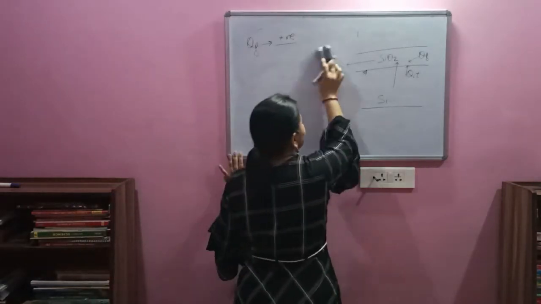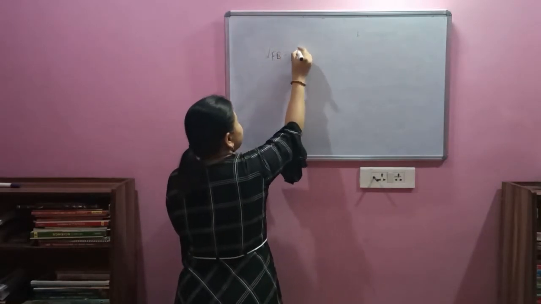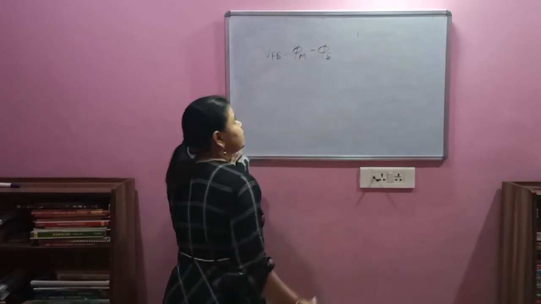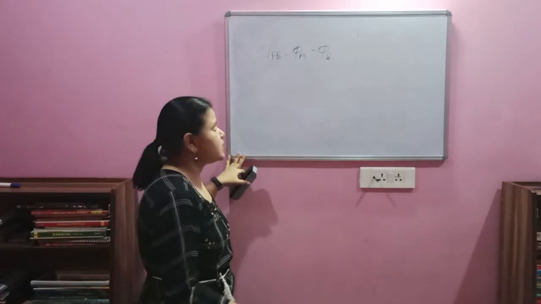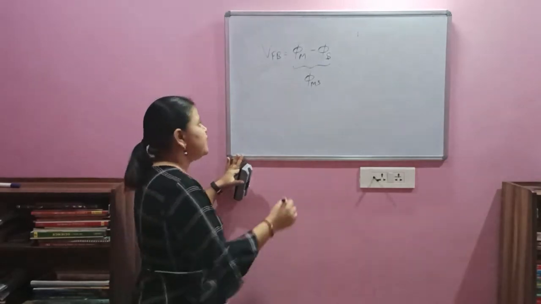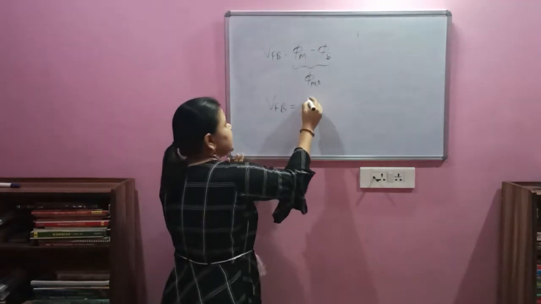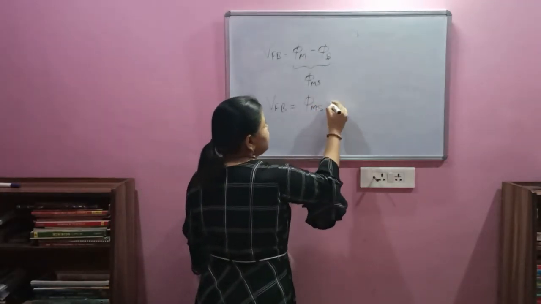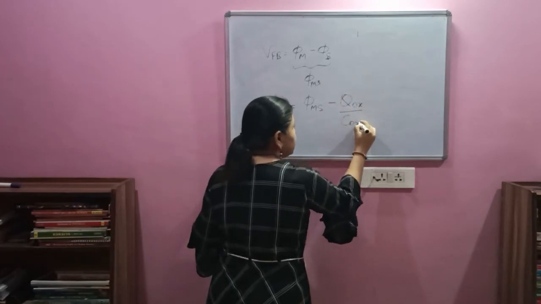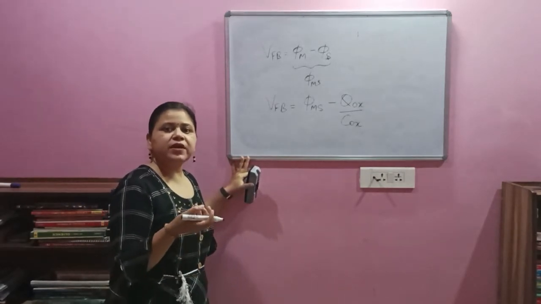Now I redefine the flat band voltage over here. Earlier we have seen that the flat band voltage is equal to the work function difference of the metal and semiconductor, and this as a whole is termed as phi ms. Now after looking at the silicon dioxide charges, the flat band voltage is denoted as this, where Q oxide is the oxide charge and C oxide is the oxide capacitance.